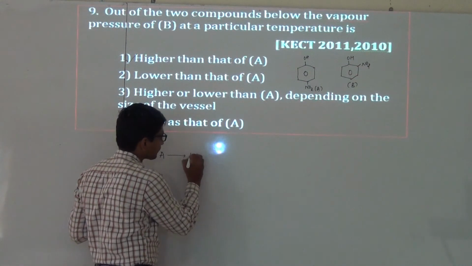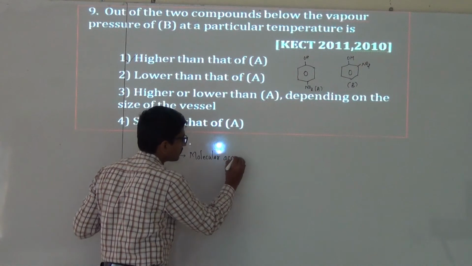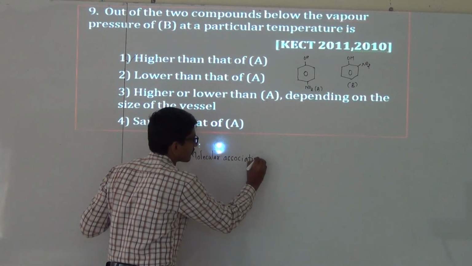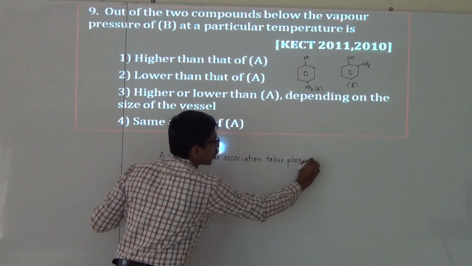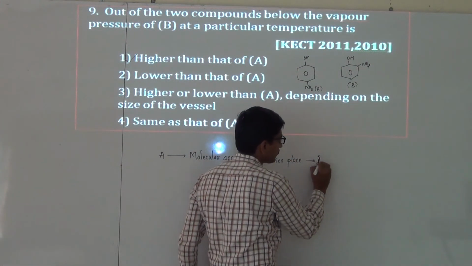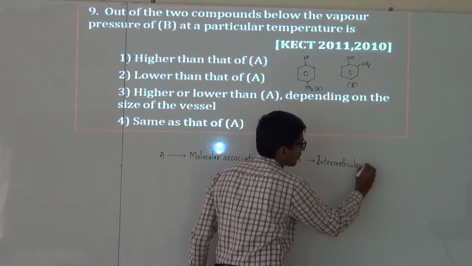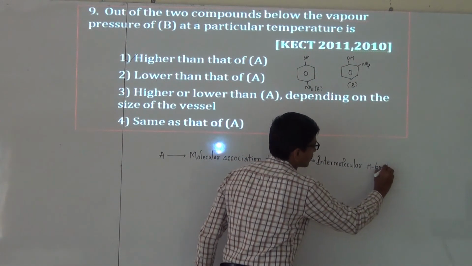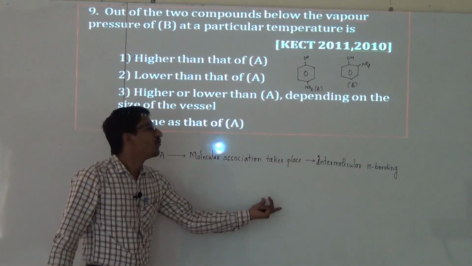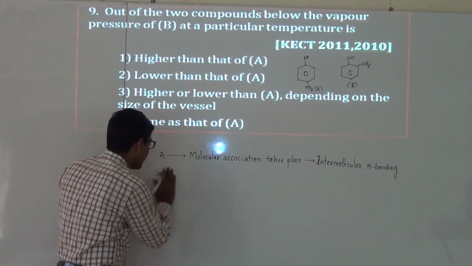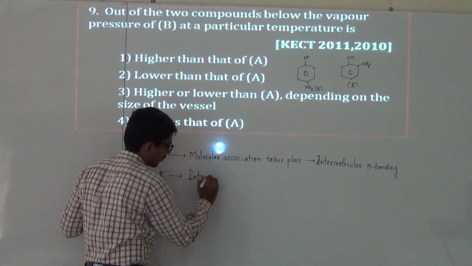In A, molecular association takes place. Due to molecular association, intermolecular hydrogen bonding exists. This intermolecular hydrogen bonding decreases the vapor pressure, and in B, only intramolecular hydrogen bonds are formed.